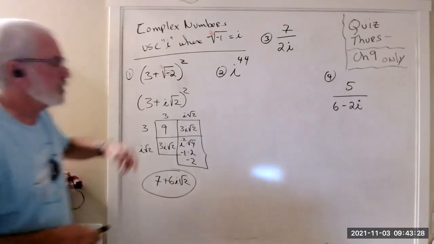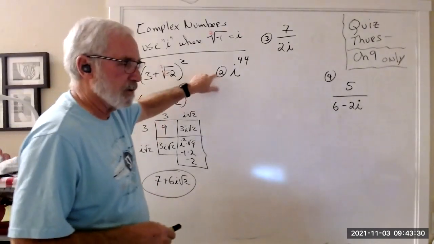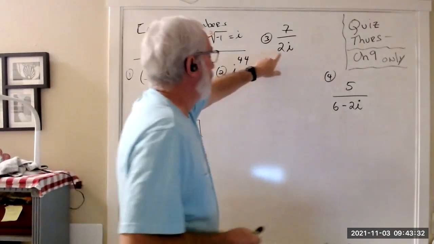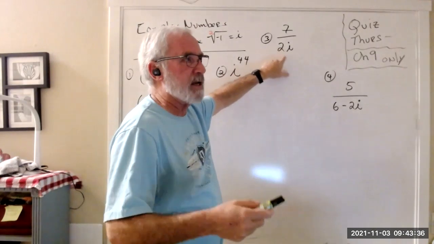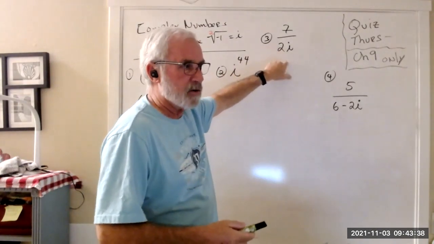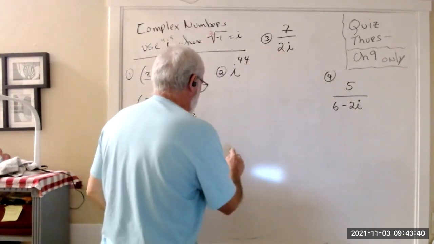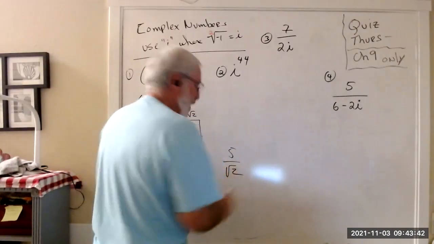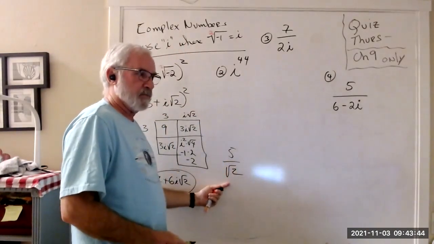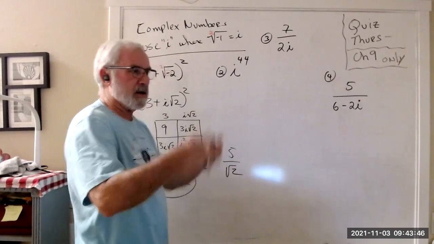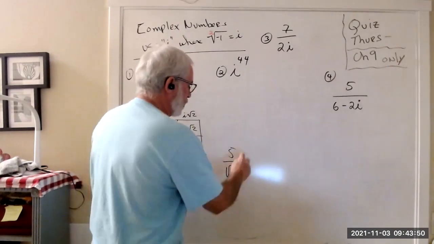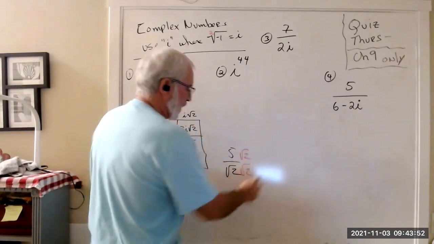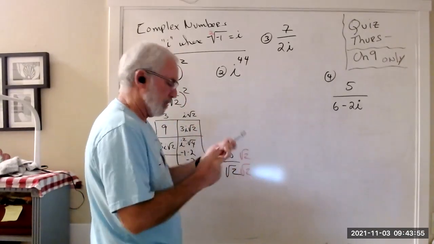Okay, I want to jump to number 3. I said number 2 is going to be weird. It is. What are the things that i's can't have? You can't have an i in the denominator, just like you can't have a radical in the denominator. And that was what exam 2 was all about. So when you had a radical, you multiply top and bottom usually by that radical, and then things seem to work out.